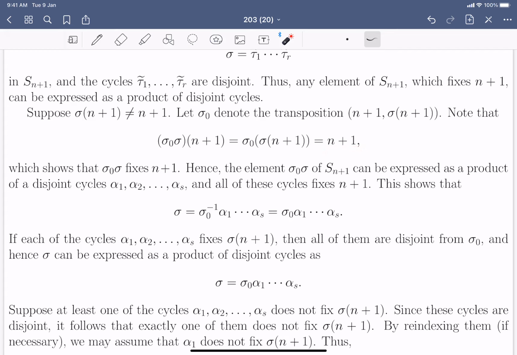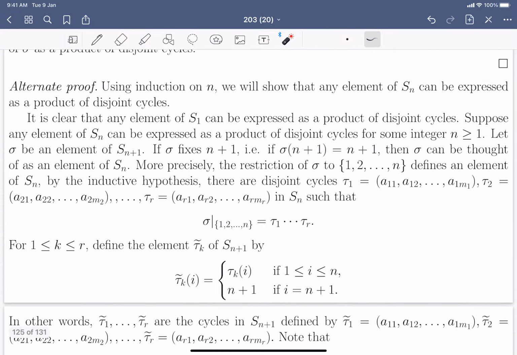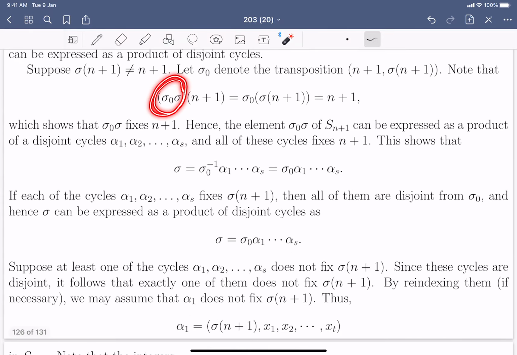Why? Because first you apply sigma to n plus 1, you get sigma of n plus 1. Now you apply sigma naught, which sends sigma of n plus 1 to n plus 1, so you get n plus 1. So now we are again back to the initial setup where we had a permutation fixing n plus 1. So now we have a permutation sigma naught sigma which fixes n plus 1.